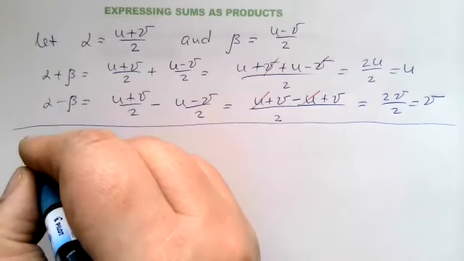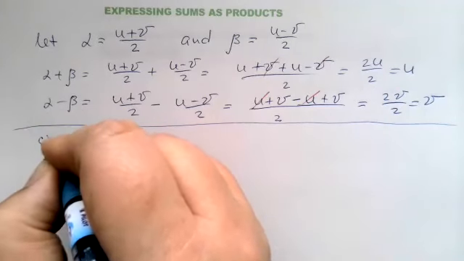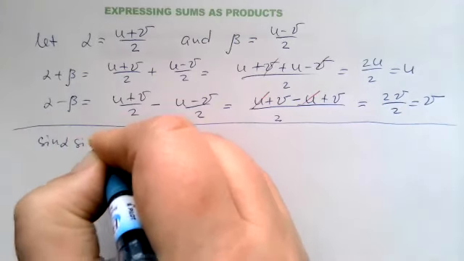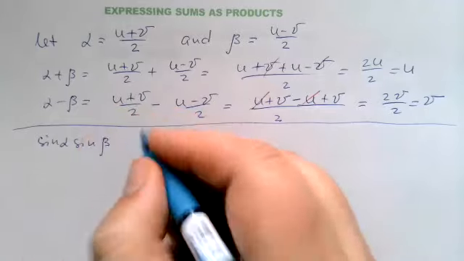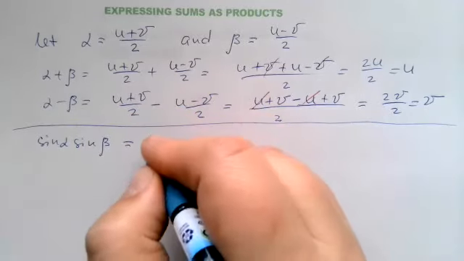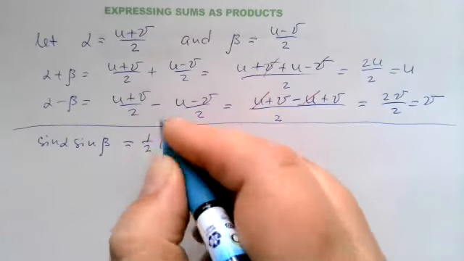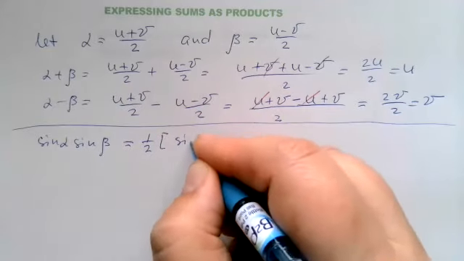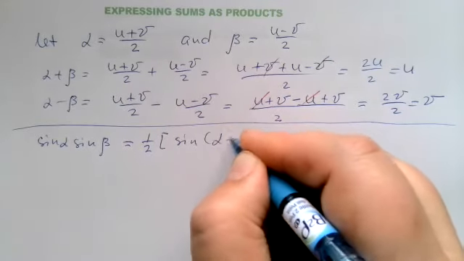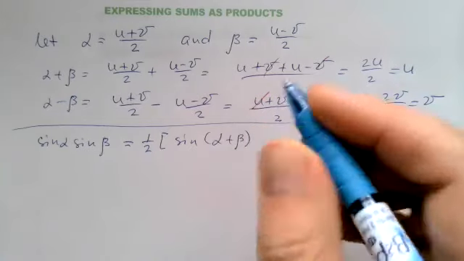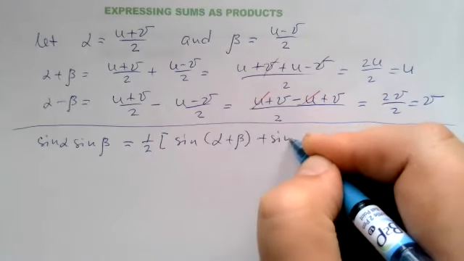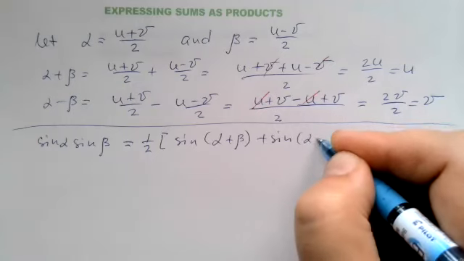Now we're going to look at sine alpha times sine beta. According to our formulas, that's 1/2 of sine of alpha plus beta plus sine of alpha minus beta.